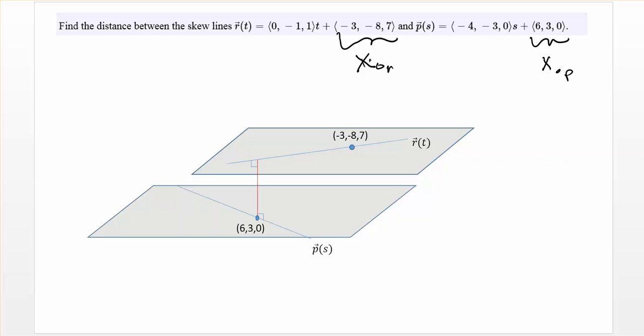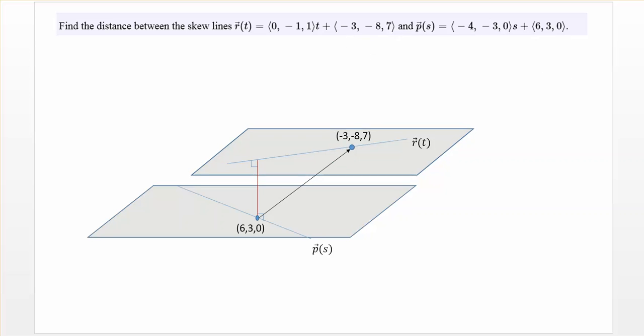We can draw a vector between them, and I've done that. Now, this vector may or may not be perpendicular to both lines, but there's a way to figure that out. What we can do is label it.